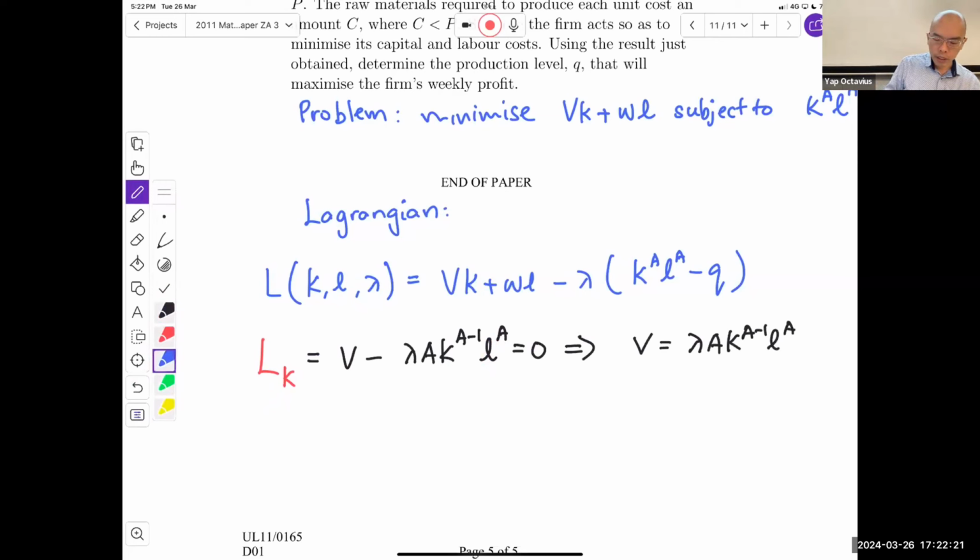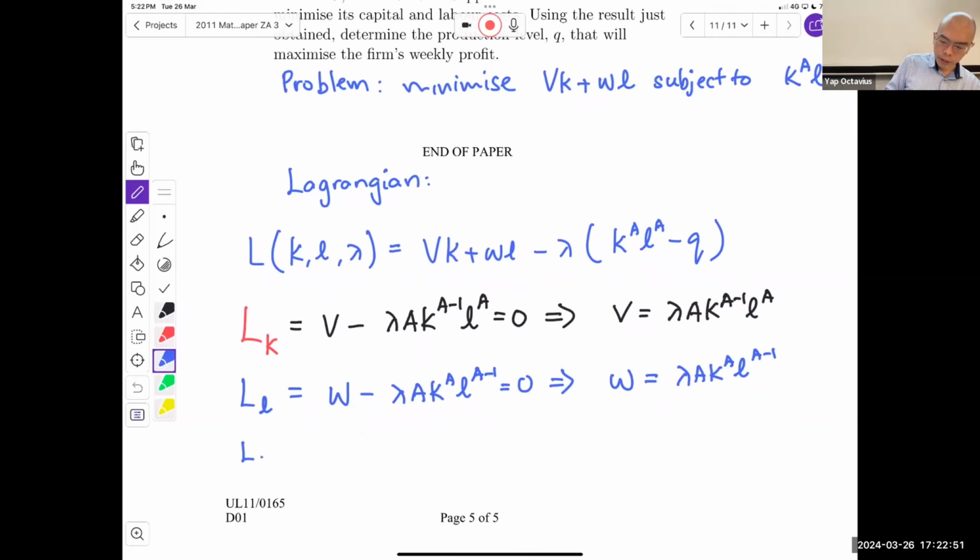So the next one, this one W equals. The last one, let's go back to lambda, which returns the constraint.